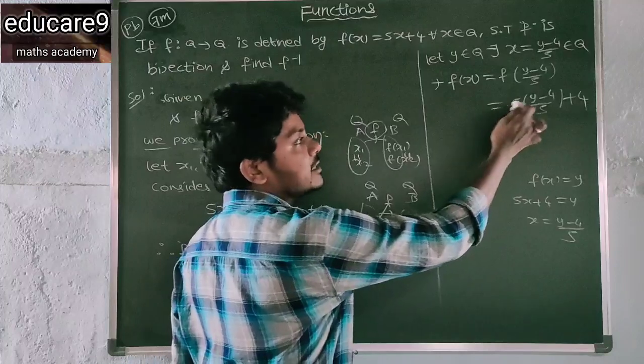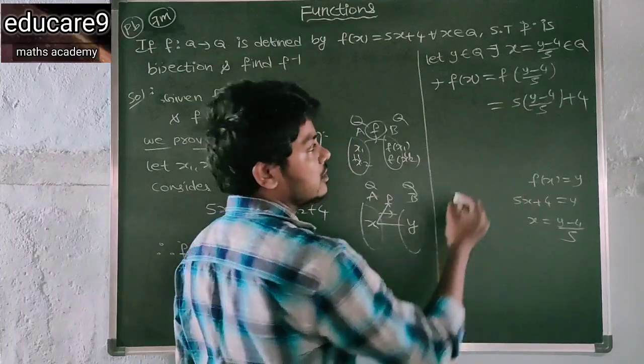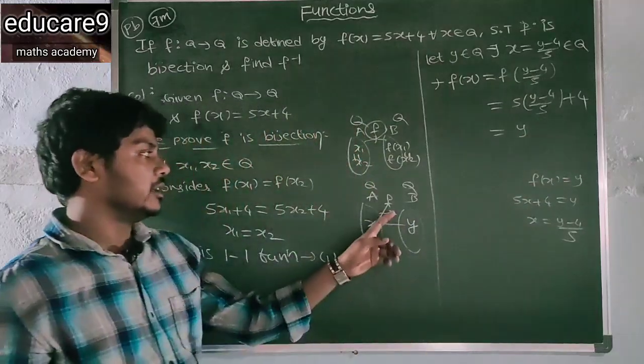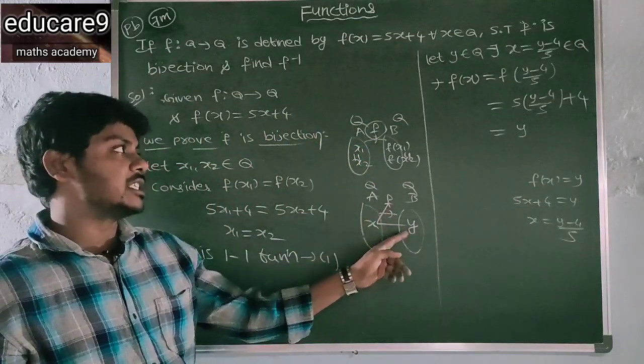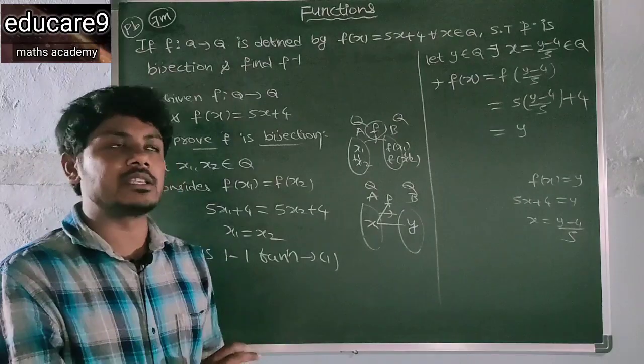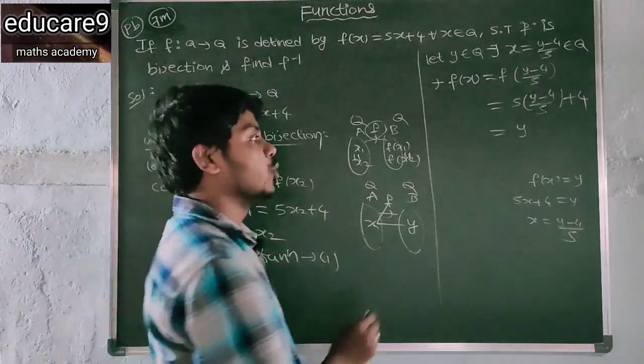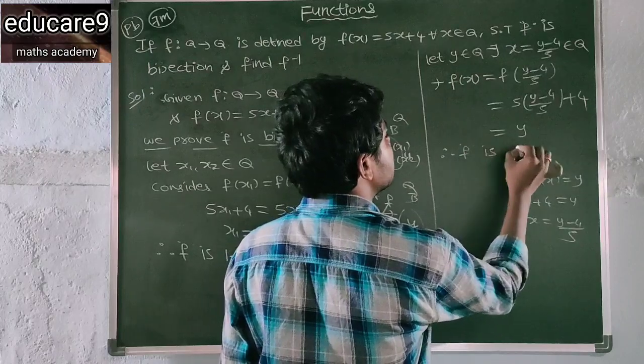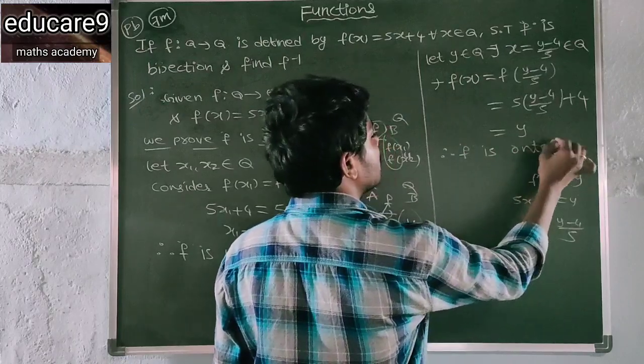So 5 gets cancelled, minus 4 plus 4 gets cancelled. So what you get? y. Therefore clearly you got f of x is equal to y. From this you can say that f is onto. So therefore f is onto.